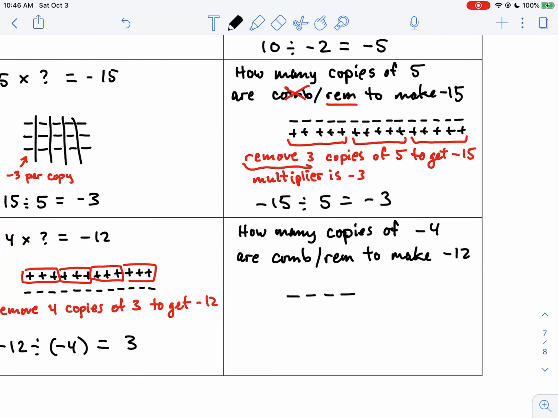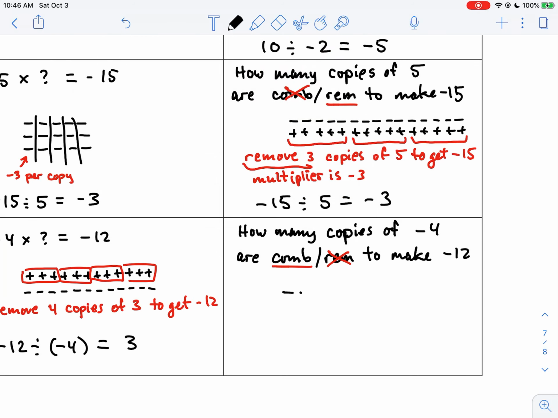Well, if you combine, here's negative 4, you can just copy negative 4, and eventually you'll get to negative 12 in this case. So we don't need to do any removal because the signs, they're both negative. And so in this case, no removal, just a simple combining of negatives to make more negatives.